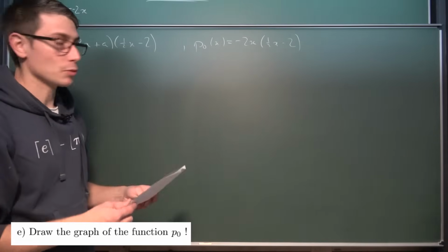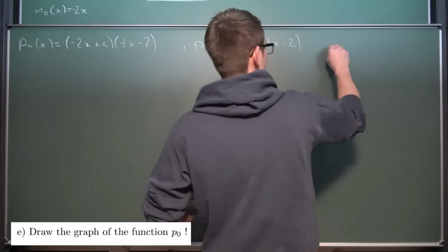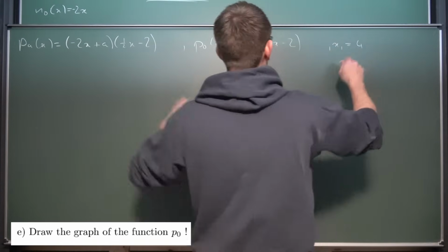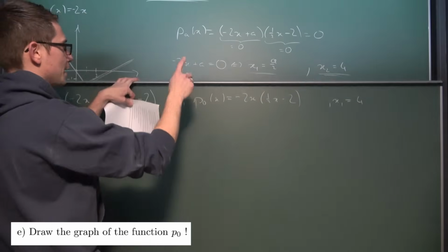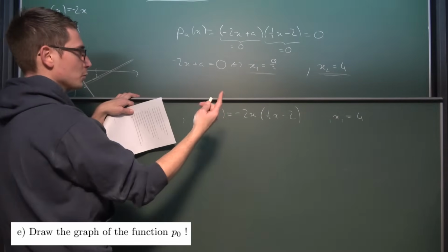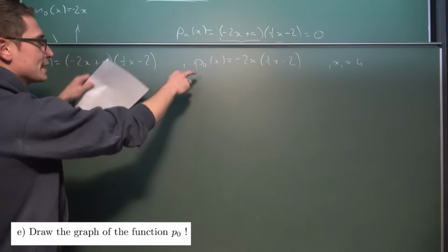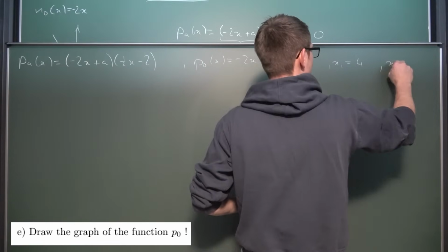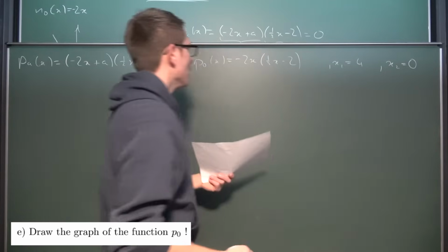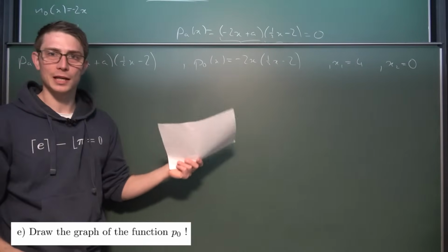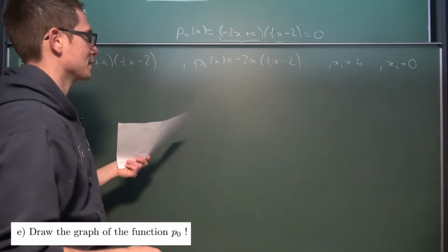We always have zeros given, so we know that x1 is equal to 4. We know that x2, at least this is what I would do, is going to be equal to a over 2, but a in our case is 0, so it passes through 0. And now we just need to find one last point, and then we are basically done.